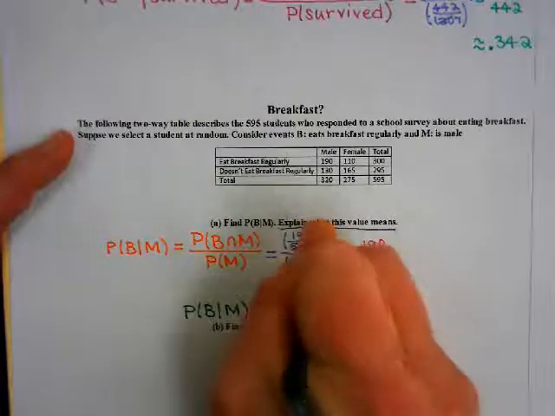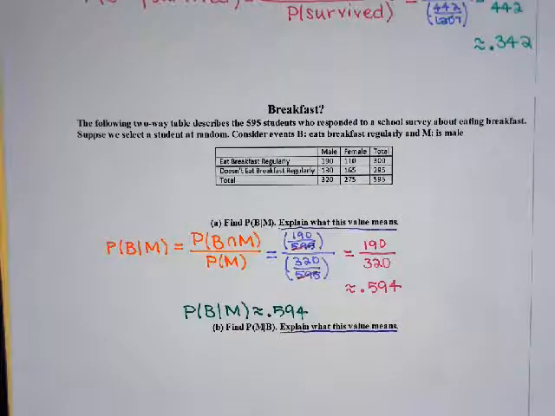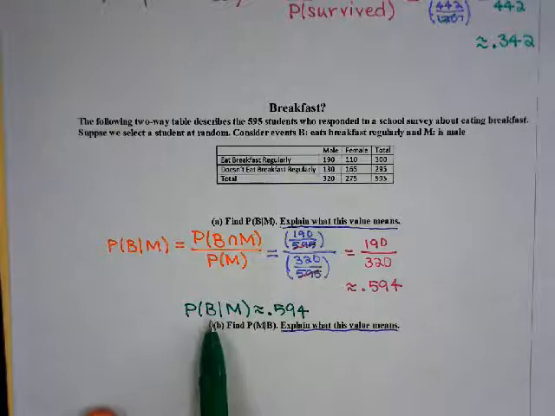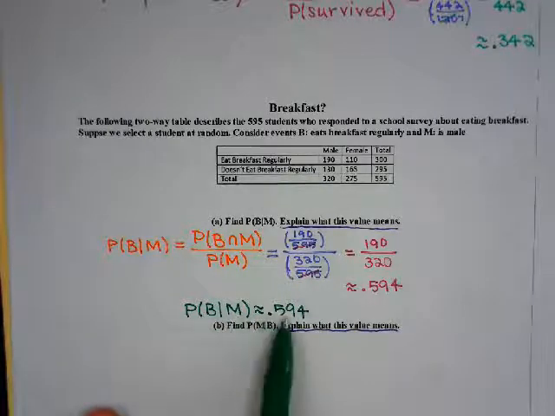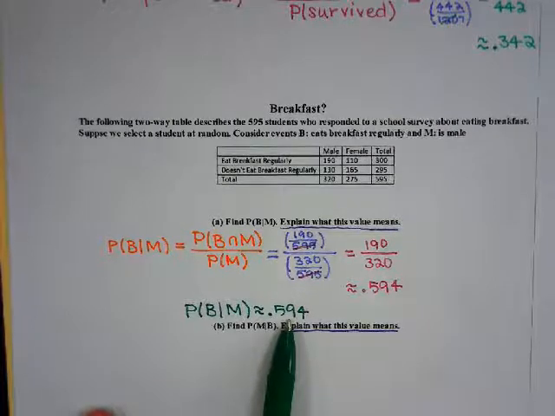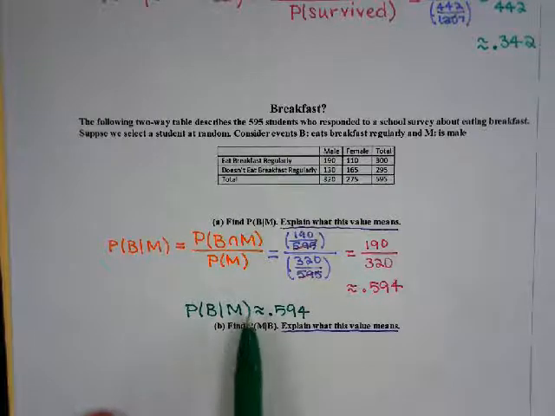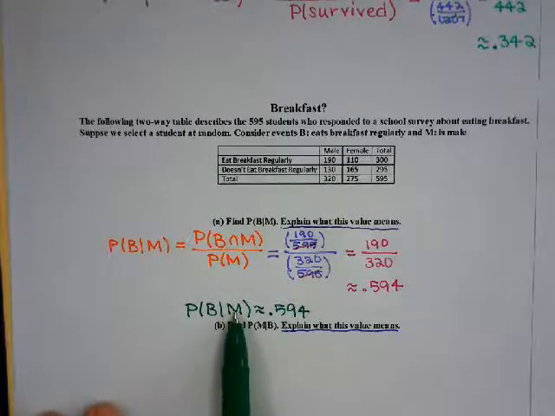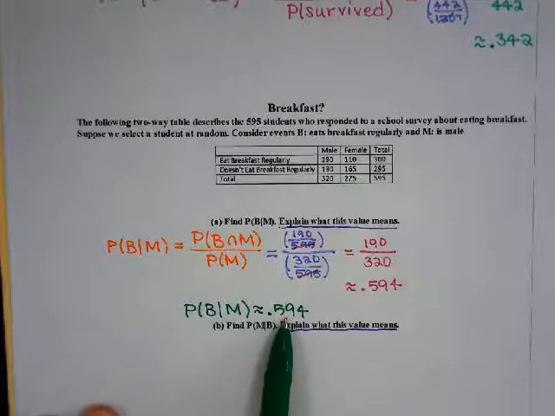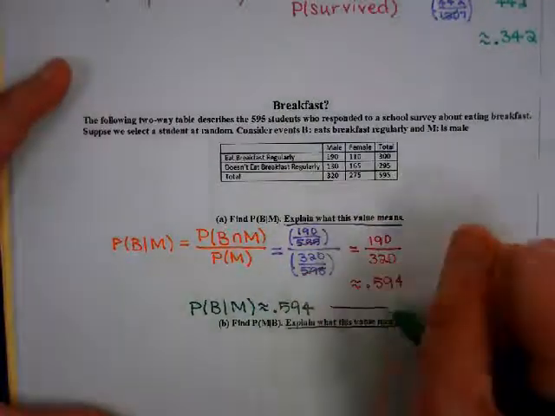So the probability that they eat breakfast regularly is about 0.59. It sounds a little better grammatically if we talk about the given part first. So given the student is male, I would expect that they eat breakfast regularly about 59% of the time. And like I said before, English is not my strong suit, so you guys may need to make it sound better grammatically.